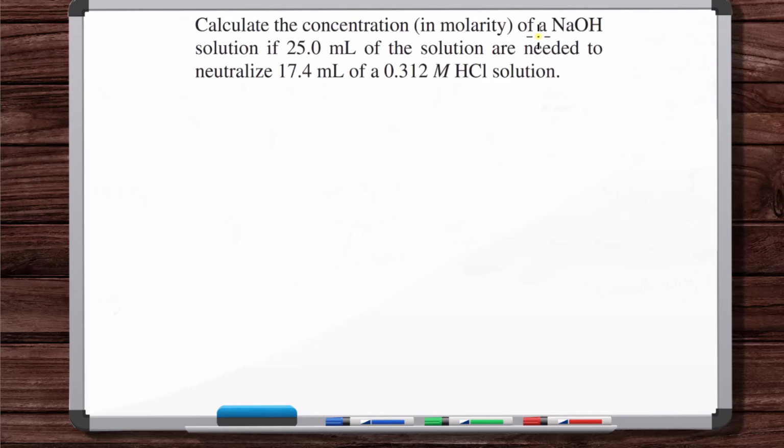Okay, we don't know the concentration of the sodium hydroxide solution here, so we can assume that we're titrating this solution and using the hydrochloric acid solution as the standard solution. Since it tells us we used 17.4 milliliters of this standard solution, it's kind of like we were adding it from the burette.